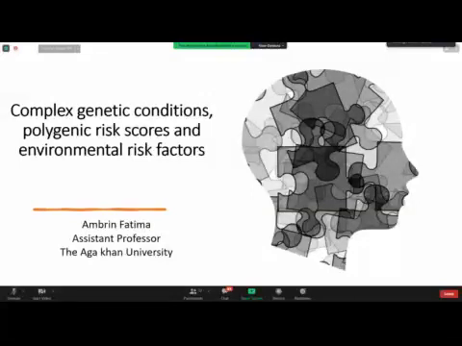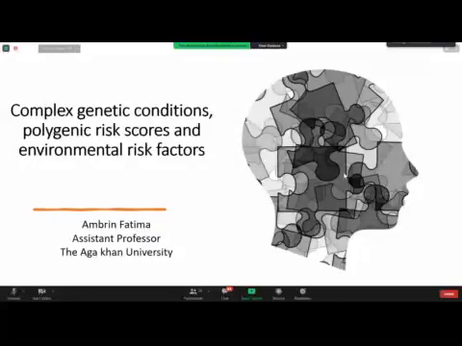But when we talk about genetic diagnosis, we mainly discussed 2 types: chromosomal disorders and monogenic disorders. So now we are going to talk about complex conditions and polygenic risk scores, and then later some environmental factors. Plus, at the end, we will try to look at the future of clinical genetics, or clinical genomics.